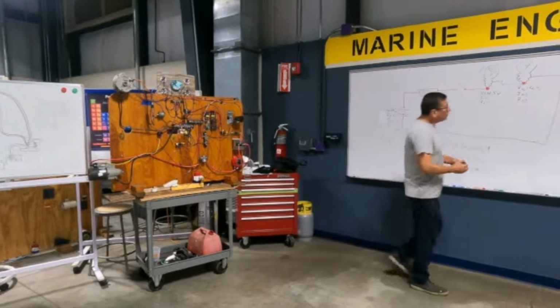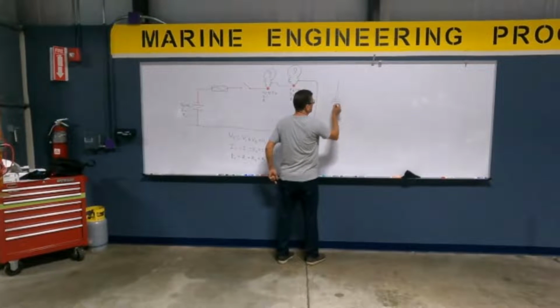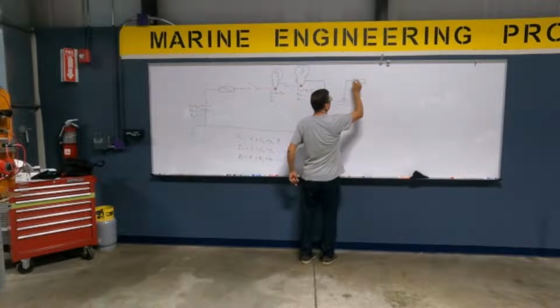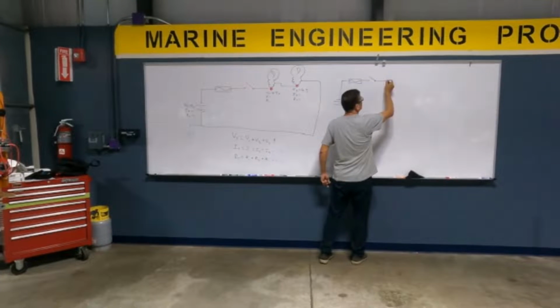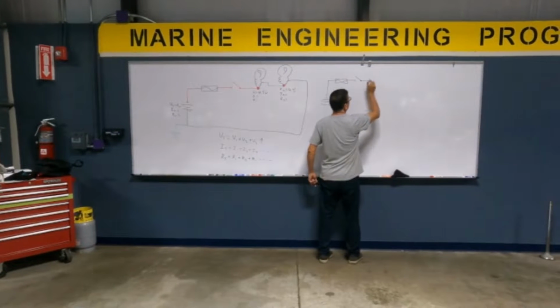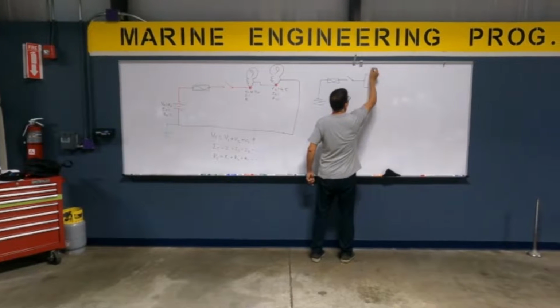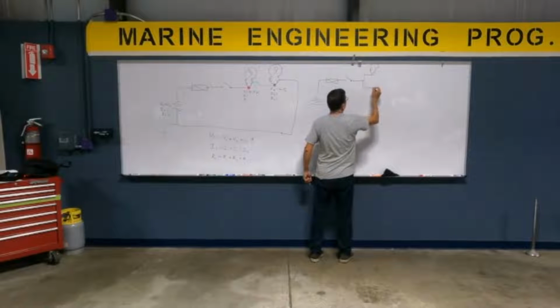Let me try to do another circuit, in parallel. Once again, I have the fuse and the switch, and after the switch I am going to install one light bulb here and another light bulb here.